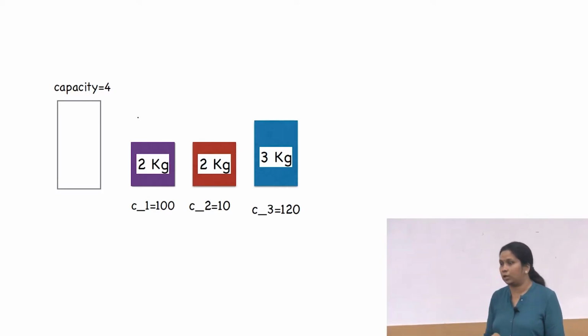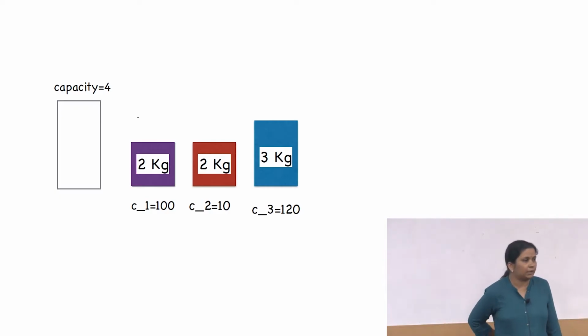For example, if you pack the first and second items, you'll get 110 profit. Or if you take the entire 3 kg of the third item, 120, and of course you cannot take 2 more. So you take, let's say, half of the first item, and you will get 170. So you have to find out which is the optimal choice.